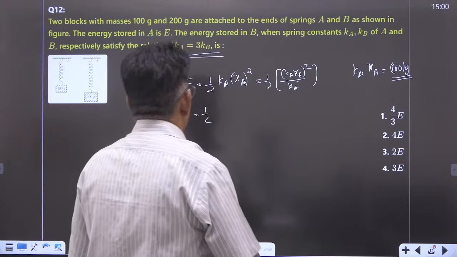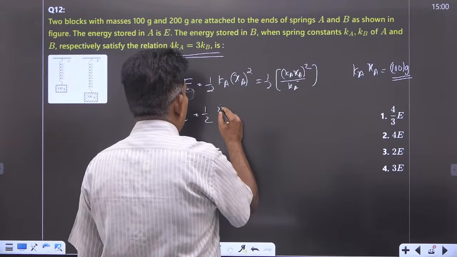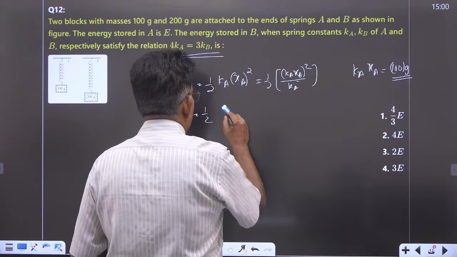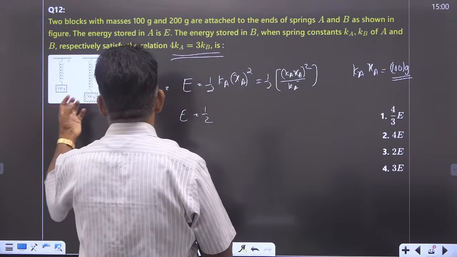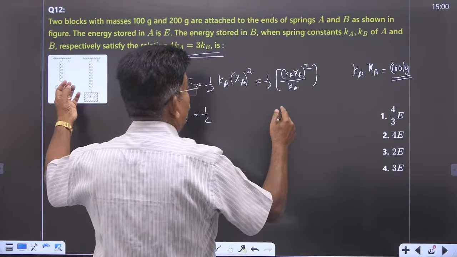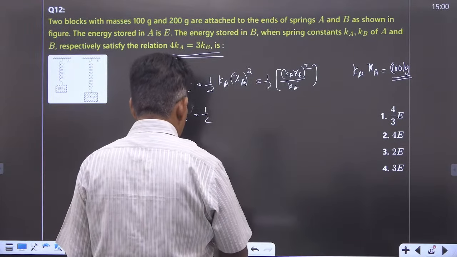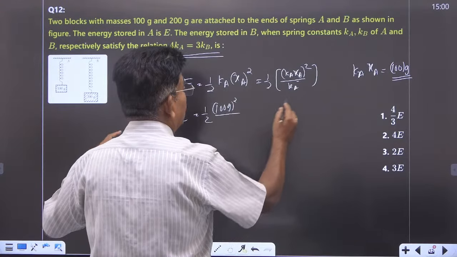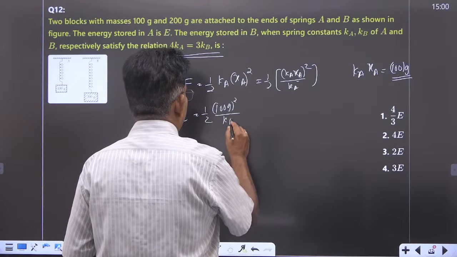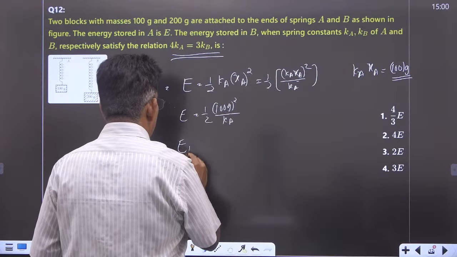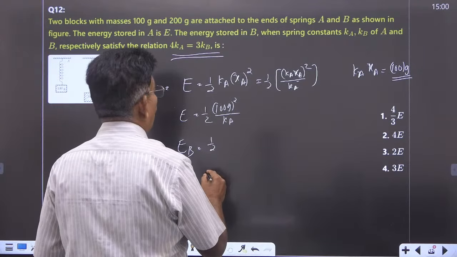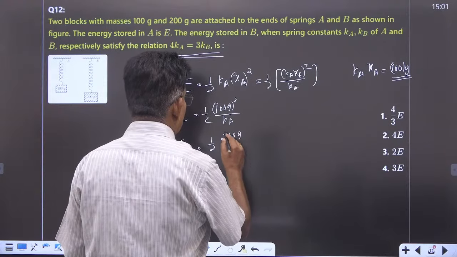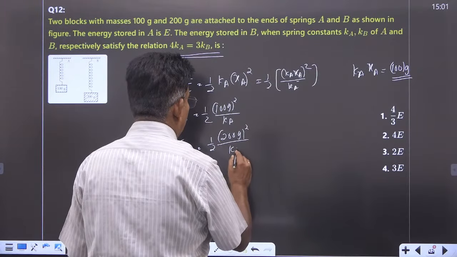Therefore, it will be half into restoring force, 100 g whole square divided by Ka. Finally, we can substitute. Now I can directly write EB, energy of B, half into the restoring force developed in it, that is 200 g square divided by Kb.